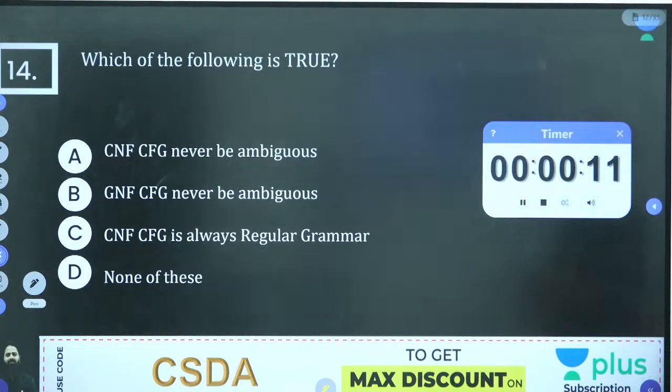Use the definition of CNF and GNF, and you can easily answer this. With that definition, do you have any restrictions over ambiguity as well as the regular concept?